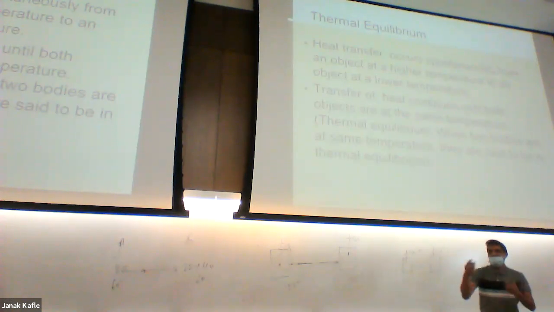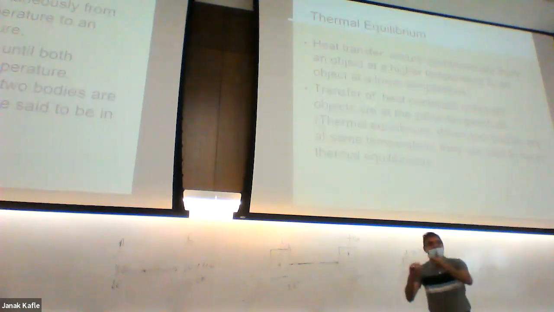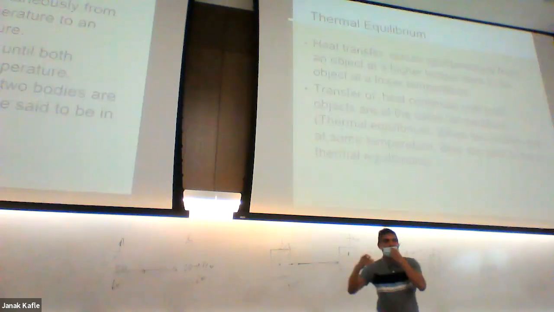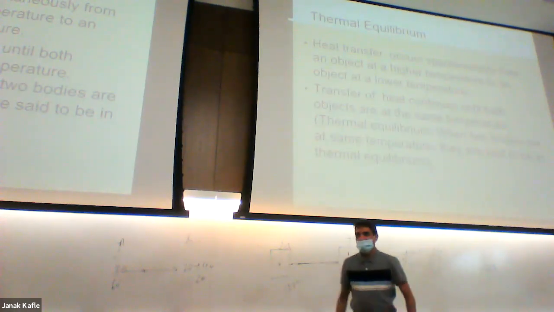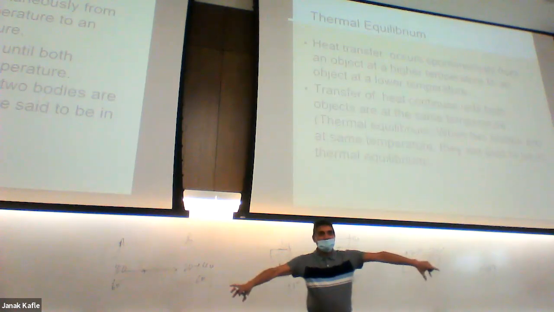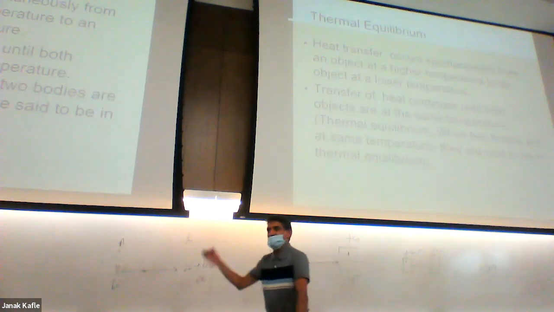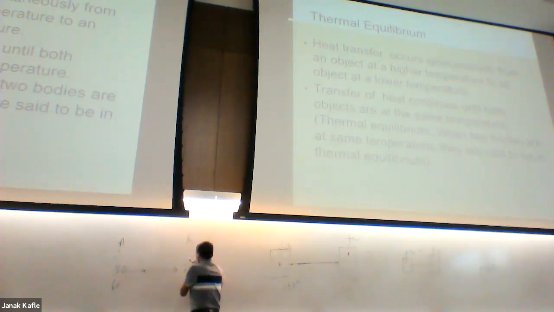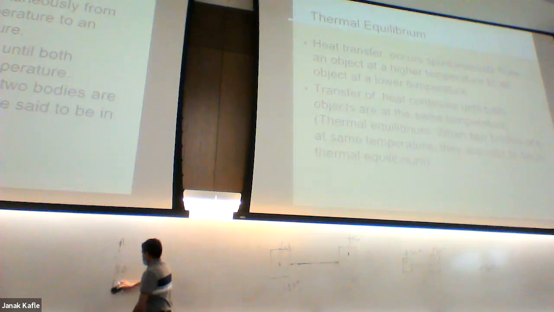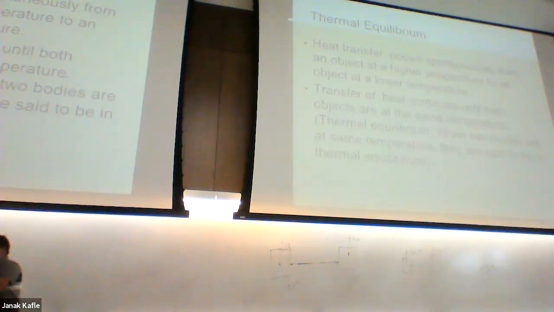If you have $100 and I have $100, it is not necessary that I give you any money, because we both have an equal amount. Thermodynamics is most of the time like the money thing. So thermal equilibrium means when two things are at equal temperature and I put them together, the heat does not go from one to another.